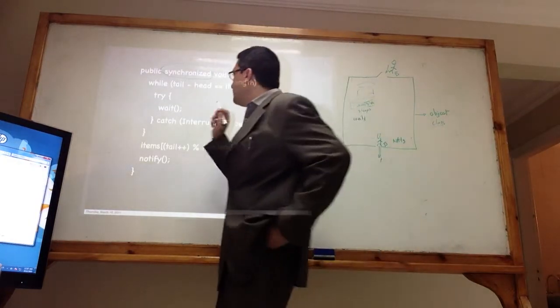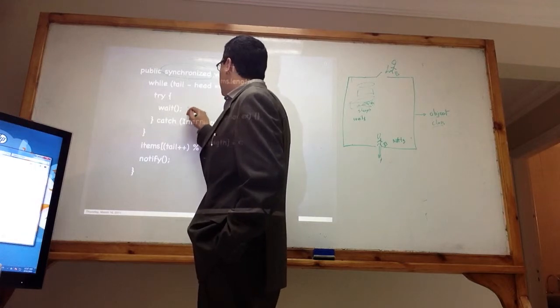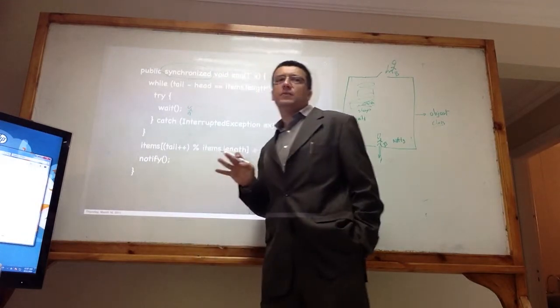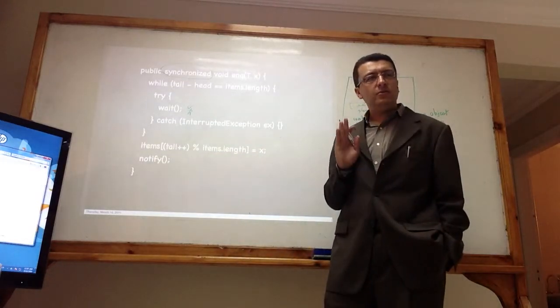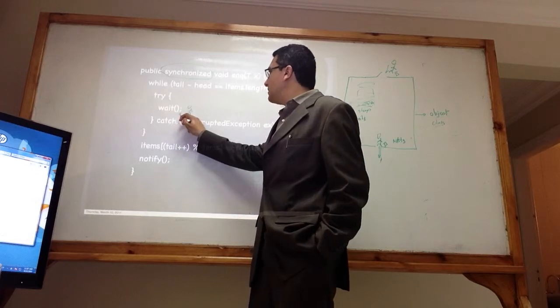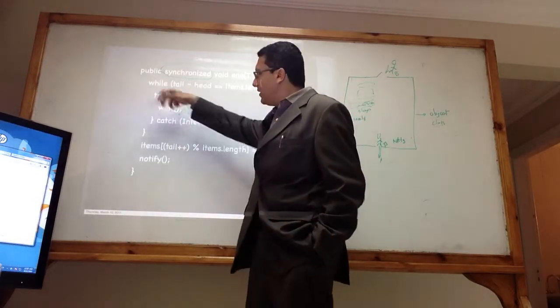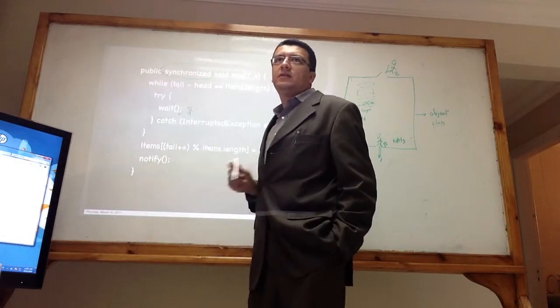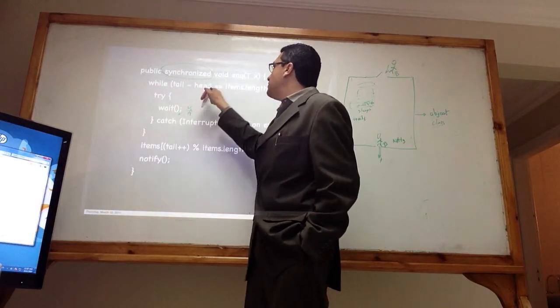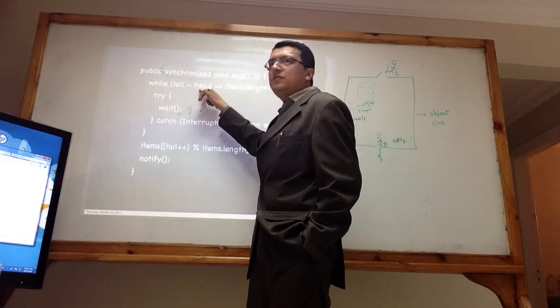So I think what's going to happen is that when you wake up, you see what's the status of the monitor. If no one is inside, I think you wake up and resume from here. That's why you have the while, so you keep trying. Maybe the wait is wrong. You recheck the condition again.